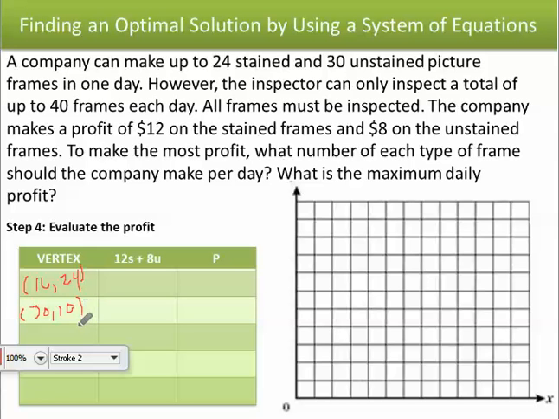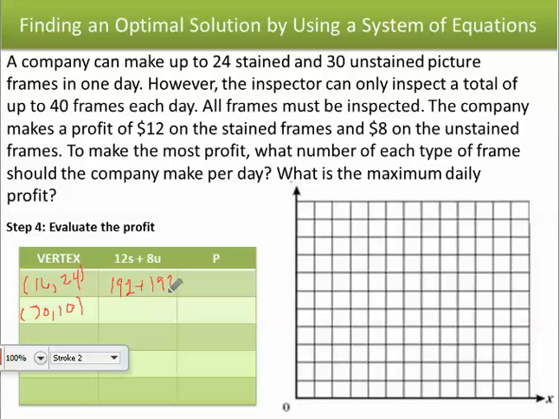Okay? So if we use this formula here, 12 times 16 is 192, plus 8 times 24, which is 192.